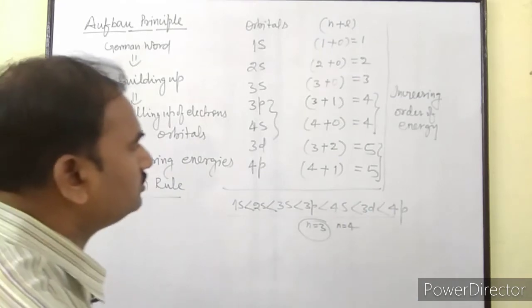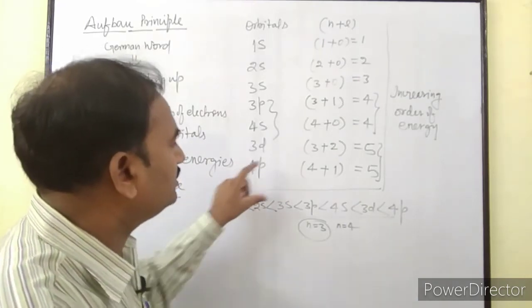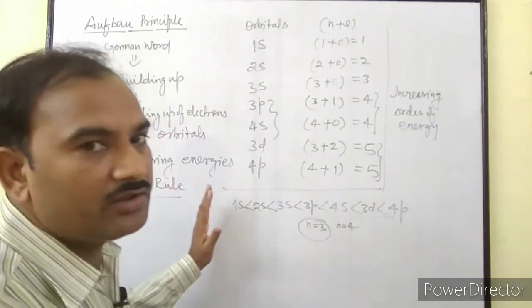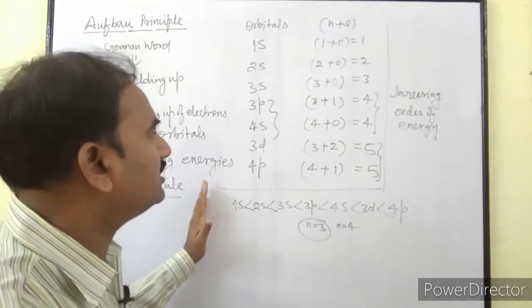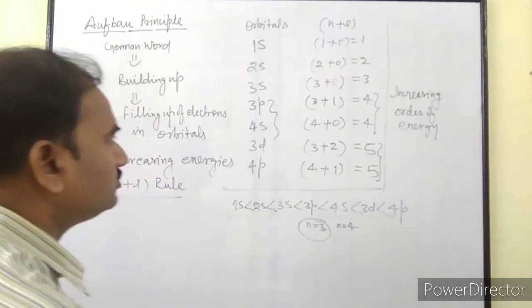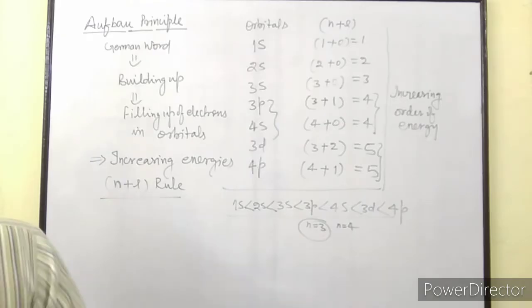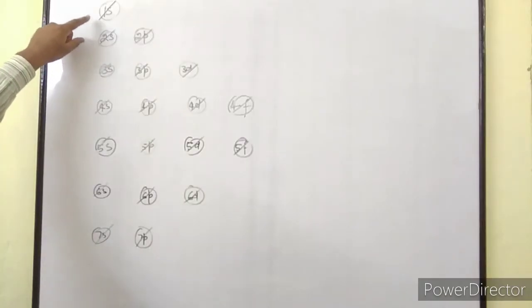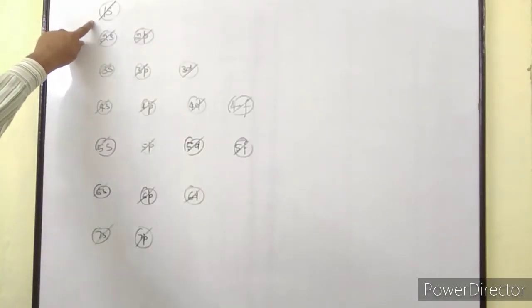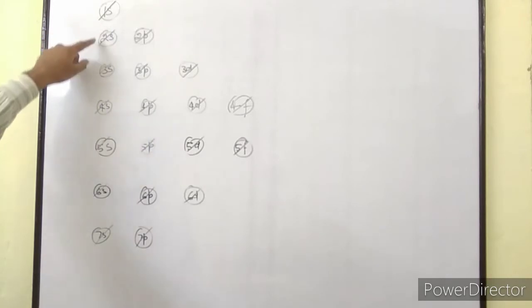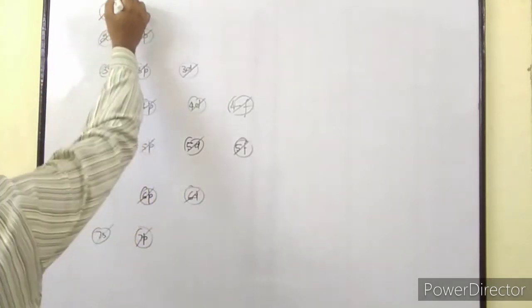We can also understand this by a simple picture or simple diagram. So let us understand that. So dear students, in case of multi-electronic species, we can understand the increasing order of energy of orbitals by simple diagram.